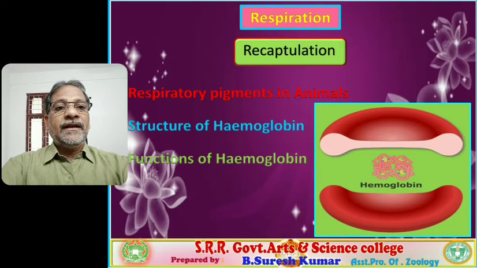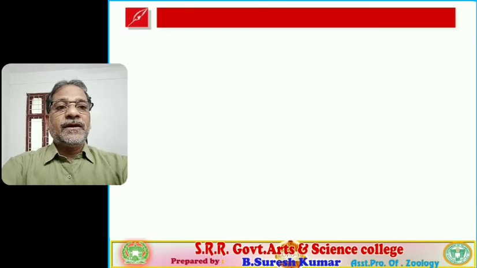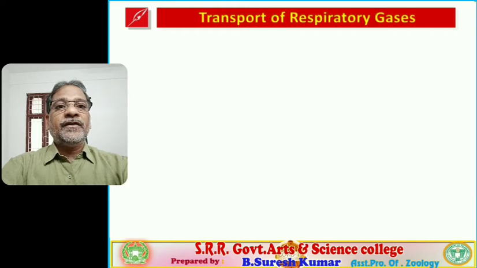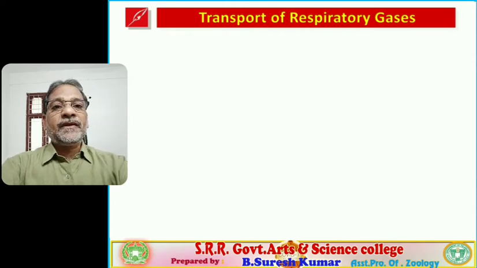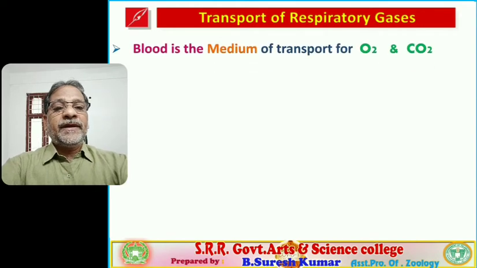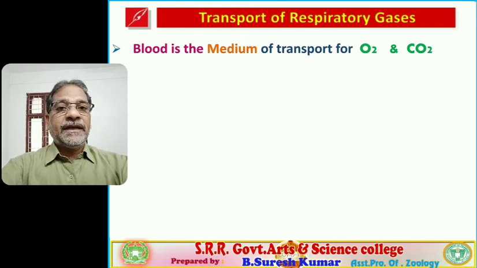Let's discuss a new concept in the human respiratory system, that is transport of respiratory gases. The respiratory pigments play a key role in the transport of respiratory gases. The respiratory pigments are restricted to the erythrocytes or RBC of the blood.